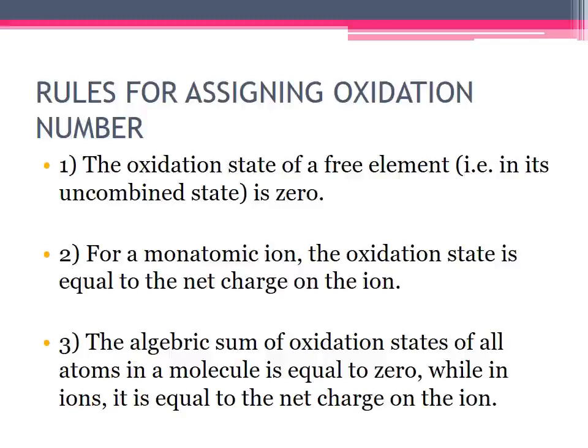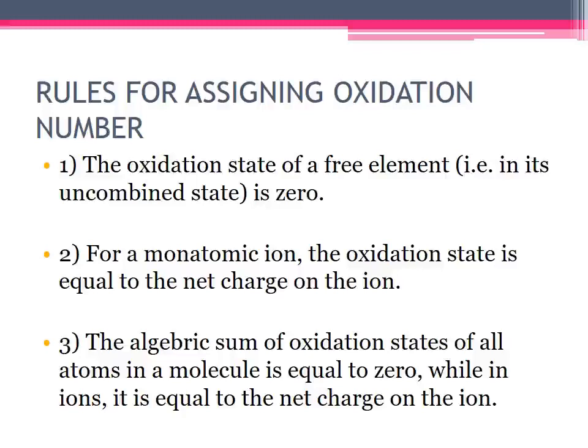For an ion, the second example, see SO4 2-. In the power there is 2-. In the case of H2SO4 the power is 0, so we write equal to 0.